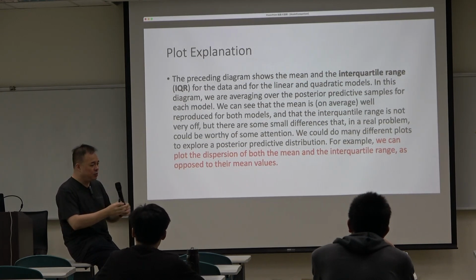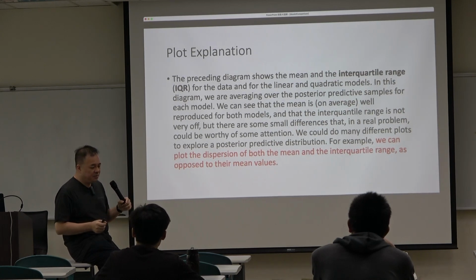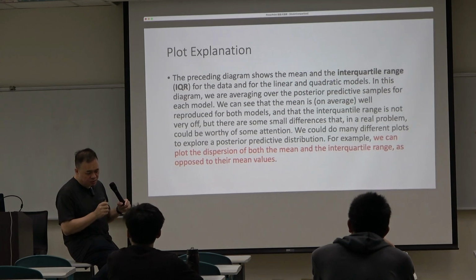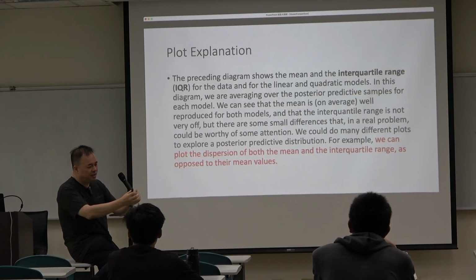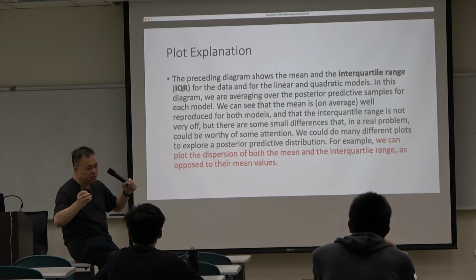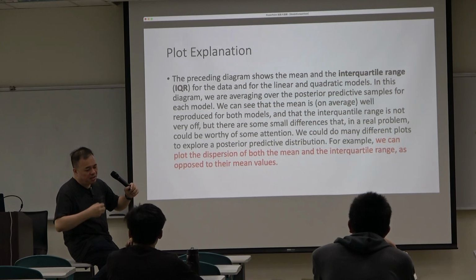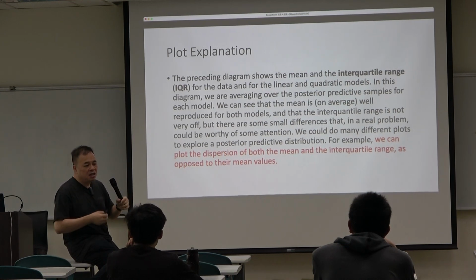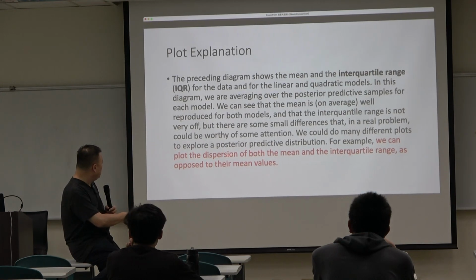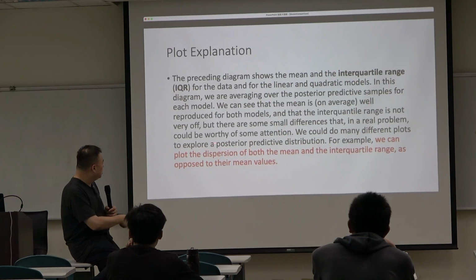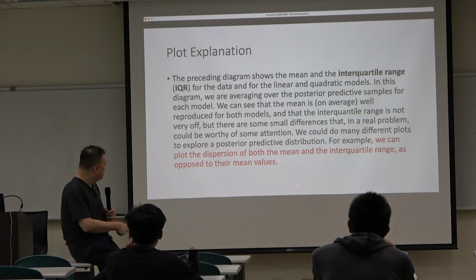For example, we have a model. We try to use the posterior predictive check. If we call that once, we can extract some samples from the model. But you can call the function multiple times, and as a result, you can see what we meant by the dispersion of the mean and the dispersion of the interquartile range.